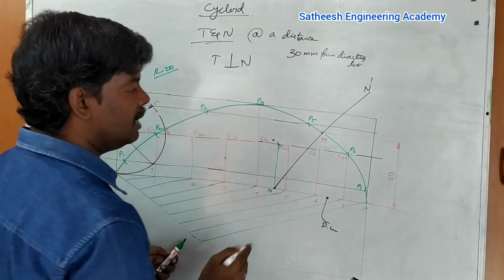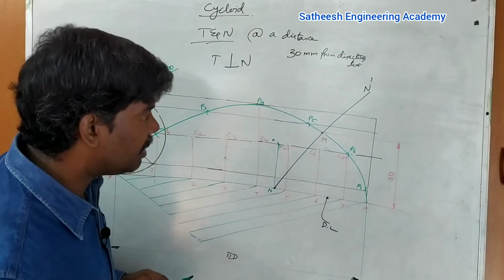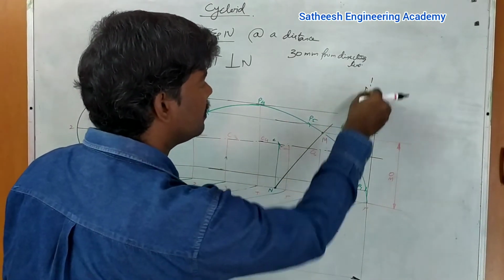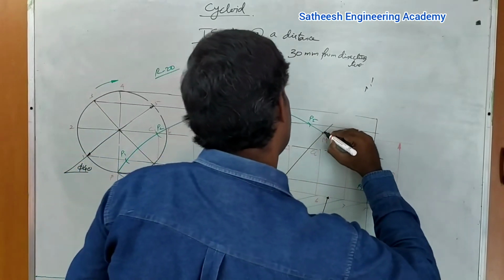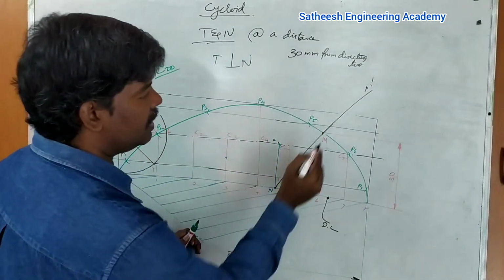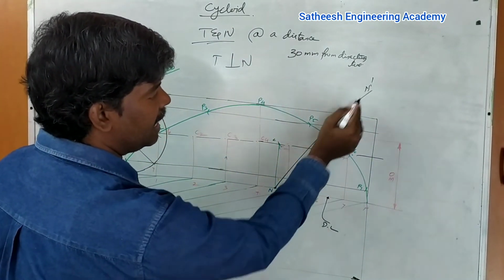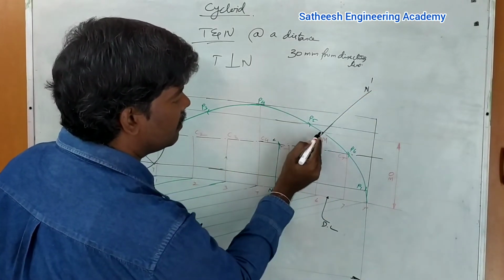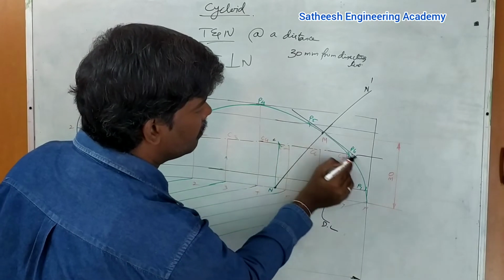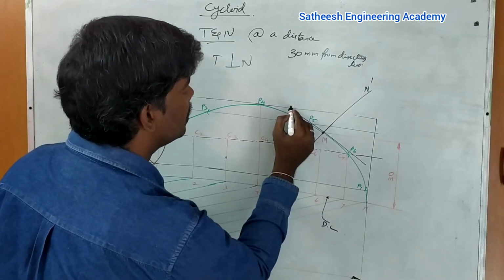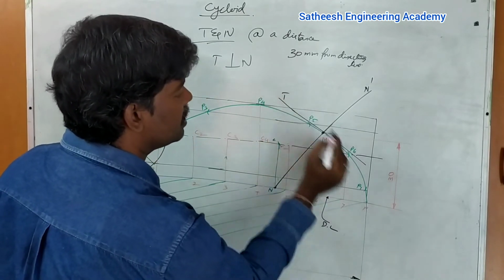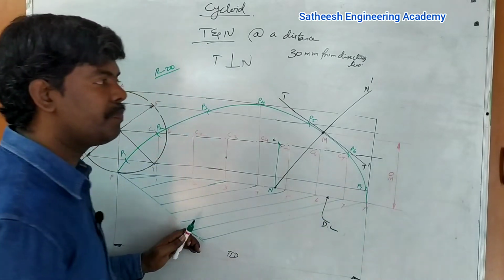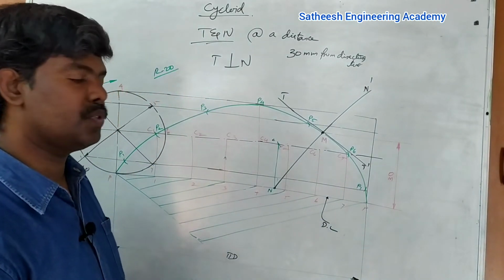So once you get the normal line, draw a perpendicular line to N dash. This is the tangent, T dash. So this is the procedure.